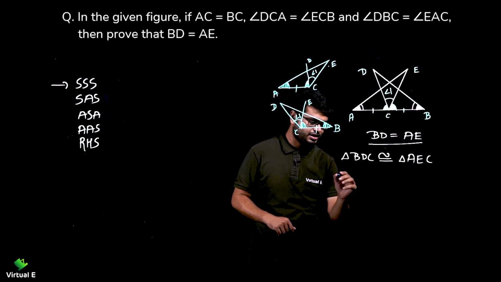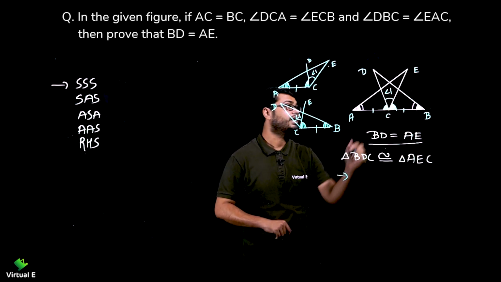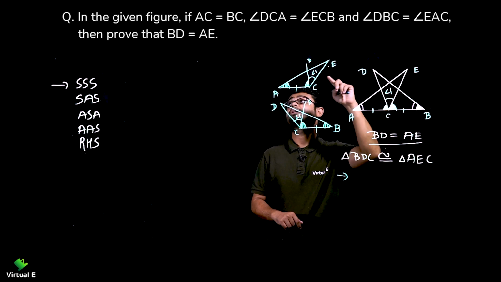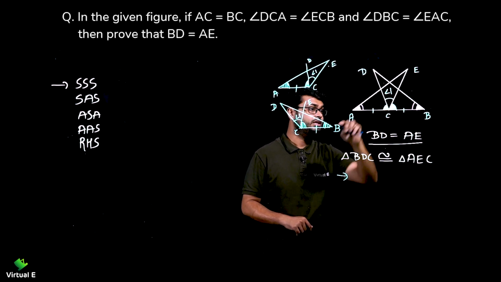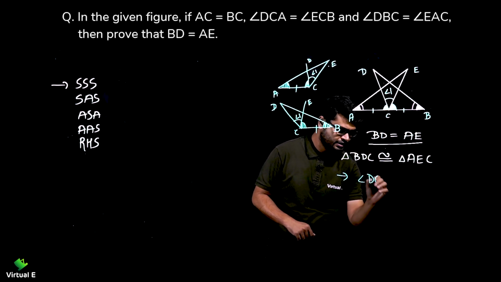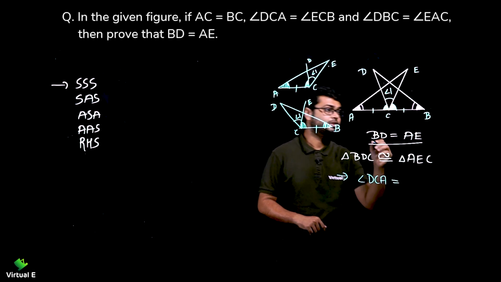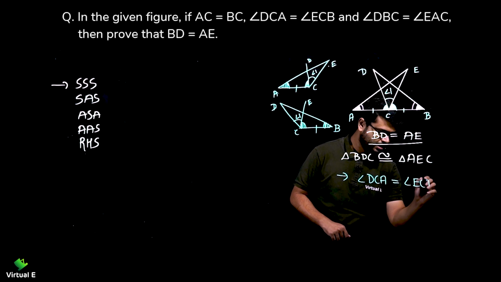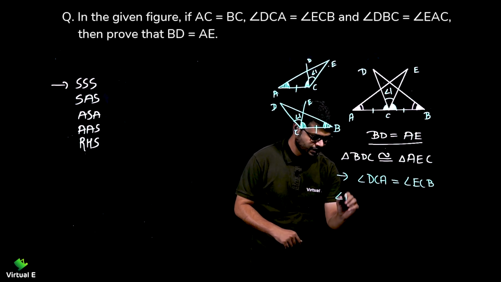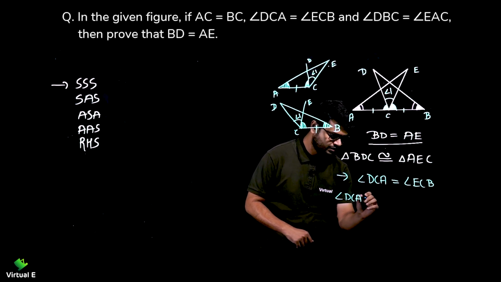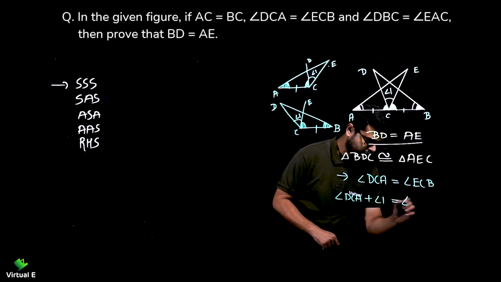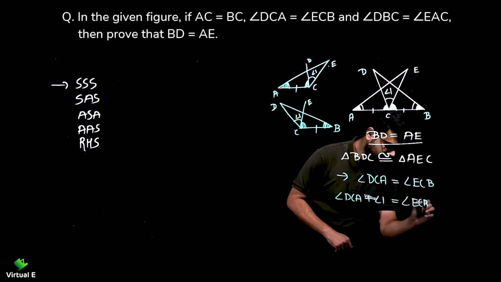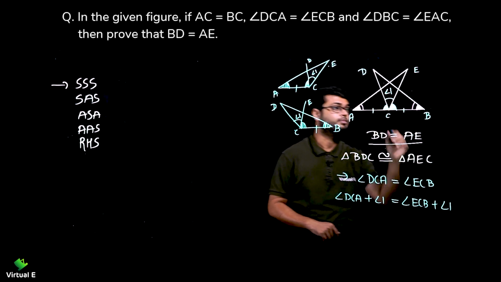So first of all, let's start with the angle. Here we have angle DCA is equal to angle ECB. Let's add angle 1 here and here as well.